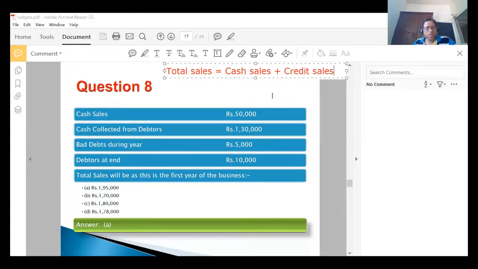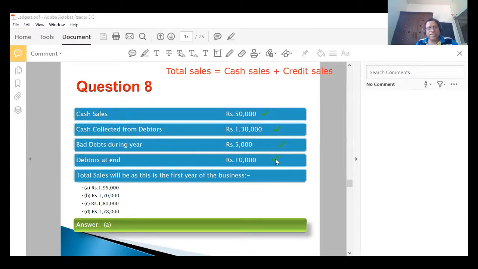So here cash collected from debtor is also considered as sales. Cash sales 50,000. Cash collected from debtor is credit sales. Bad debts are sold but not received. And debtor at the end is what I am supposed to receive.